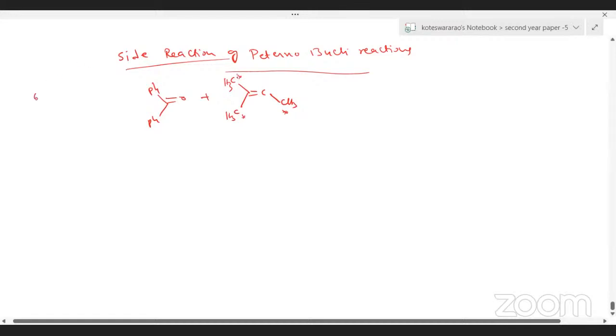What is allylic? CH3, CH double bond, CH2 is there. Now it undergoes resonance, so the double-headed arrow, and resonance structures will be generated, CH2 double bond, CH.